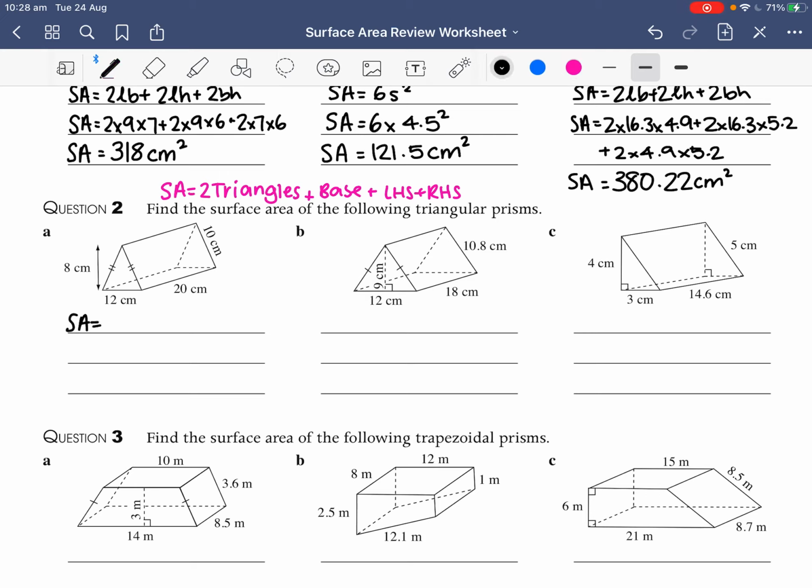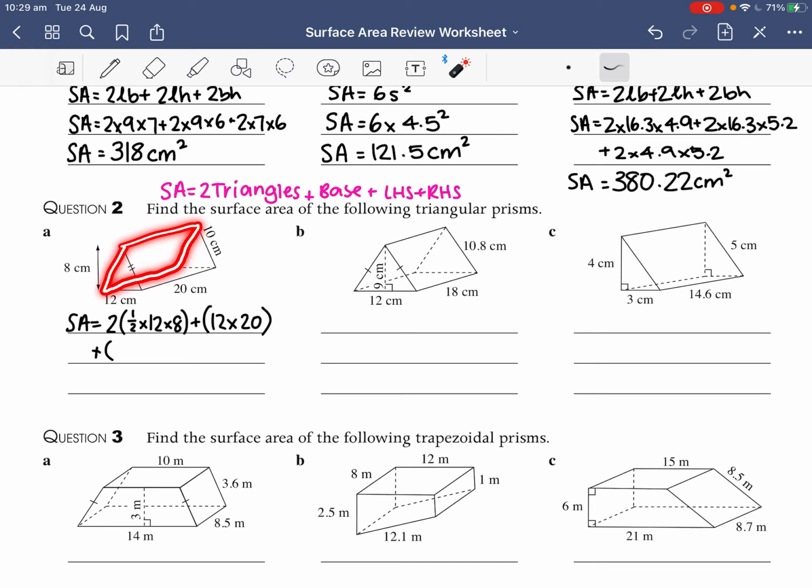So we'll have our surface area equals 2 lots of a half times, our area for a triangle is a half BH, so our base in this one is 12 times our height of 8, plus our base of our triangle is 12 by 20. So it'll be 12 times 20 plus our left-hand side is this rectangle here.